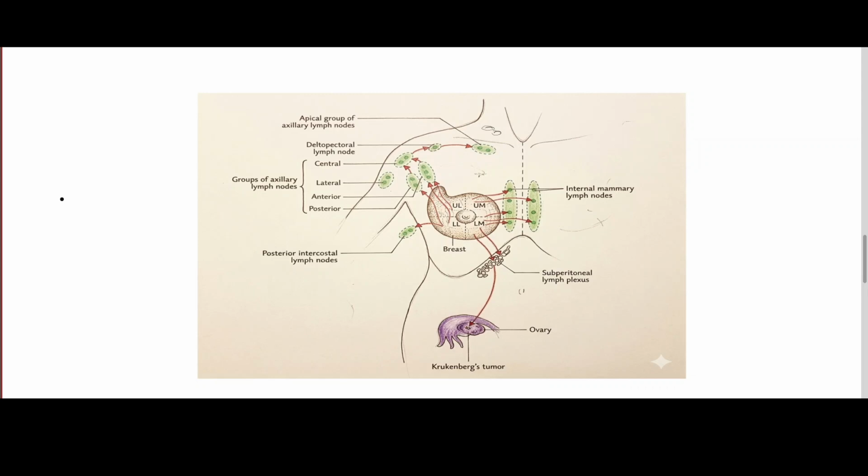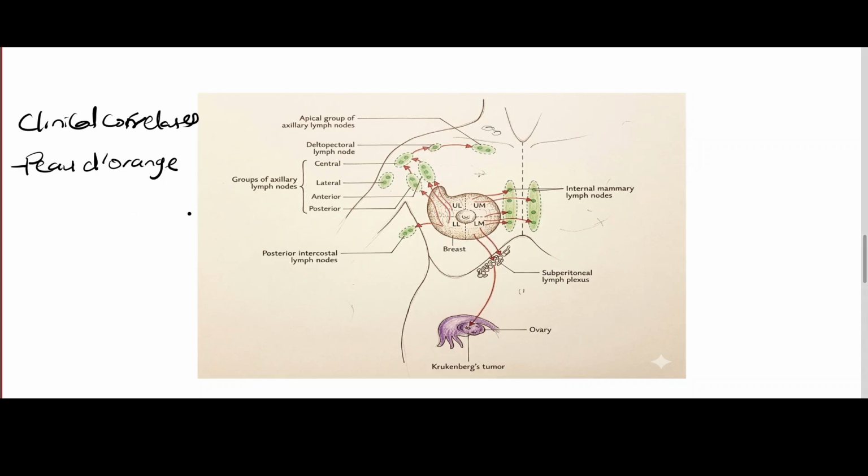All right. Now let's talk about the clinical correlates, or the clinical implications, of the lymphatic drainage of the breast. Now we have peau d'orange. I don't know how you may pronounce it, but peau d'orange.